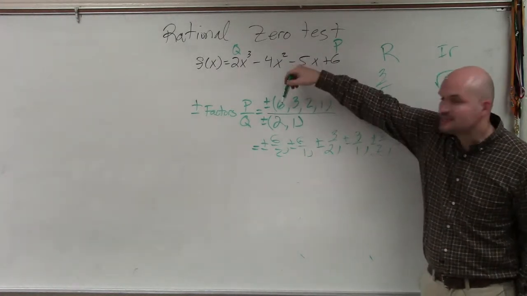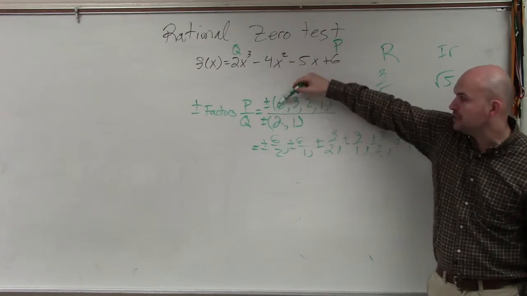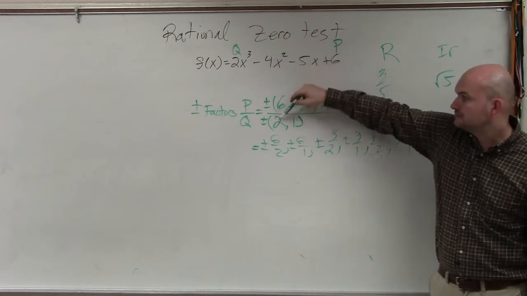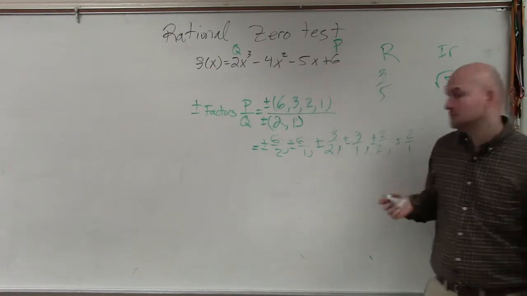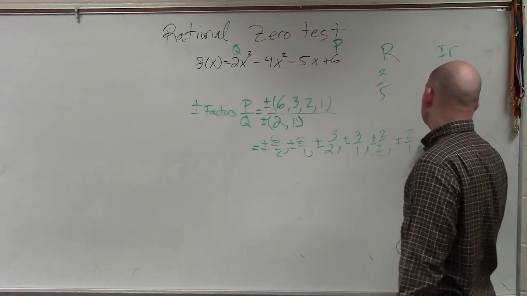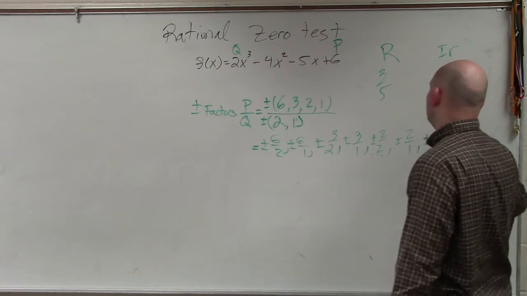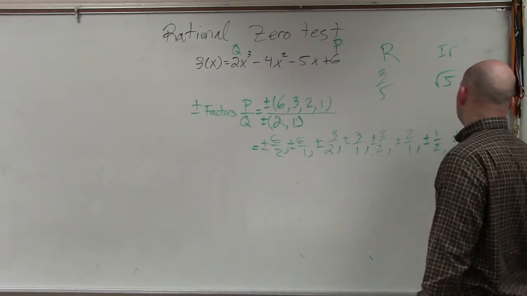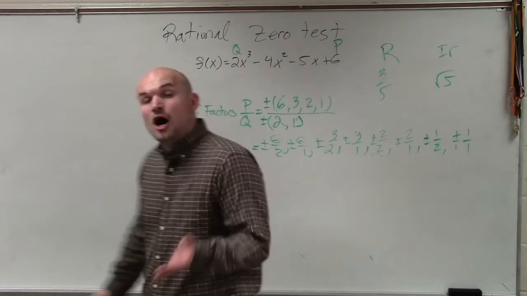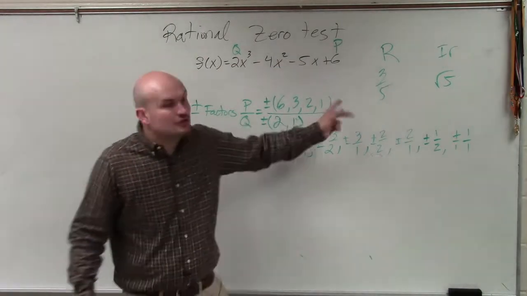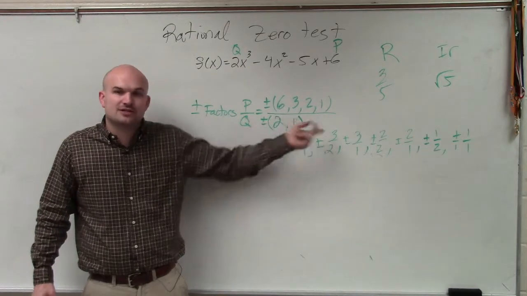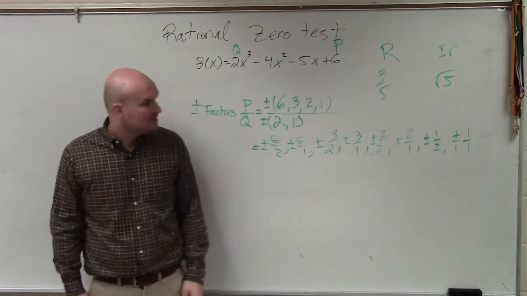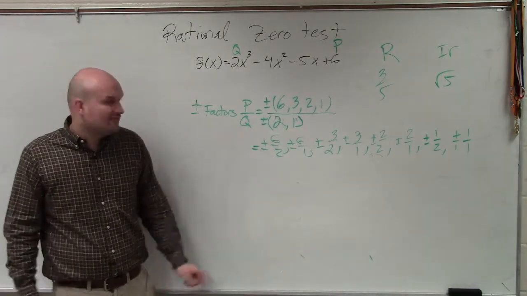Basically what I'm doing is I'm taking my numerator and putting it over each of these numbers. Comma, plus or minus 1 over 2, comma, plus or minus 1 over 1. So all I'm simply doing is taking every single factor of P and putting it over every single factor of Q. Okay? Now, a lot of these we can simplify, though.